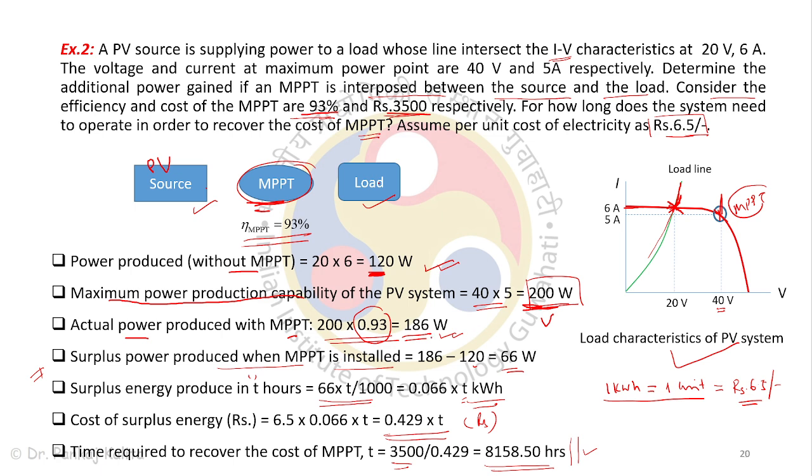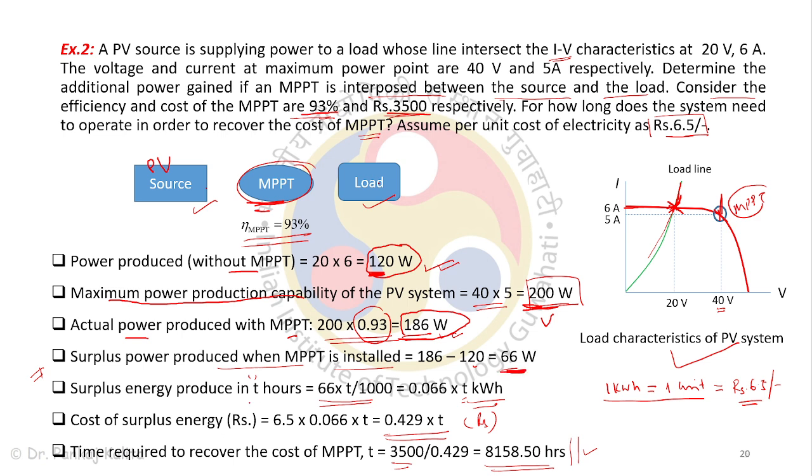Now, what is the surplus power produced with the MPPT? This is without MPPT, and this is with MPPT, including the efficiency of the MPPT. The surplus power is this value minus this value. This will be 66 watt.